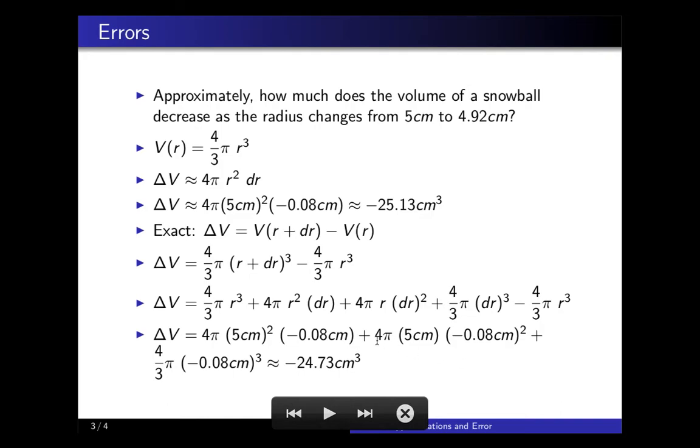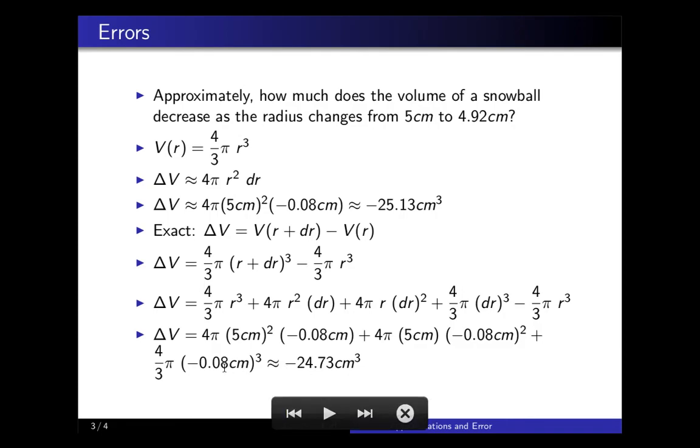And the reason is basically this. What we'd assume is that for whatever our measurement is, in this case 5 centimeters, the change in the radius is not going to be that big comparatively. So we have 5 centimeters and 0.08 centimeters. 0.08 centimeters is kind of small compared to 5 centimeters. Well, if 0.08 is small compared to 5, the next term is going to have a 0.08 squared, which is going to be very, very small compared to 5.